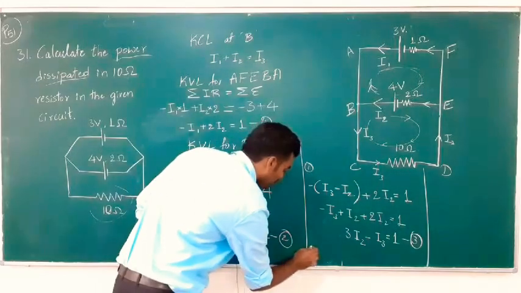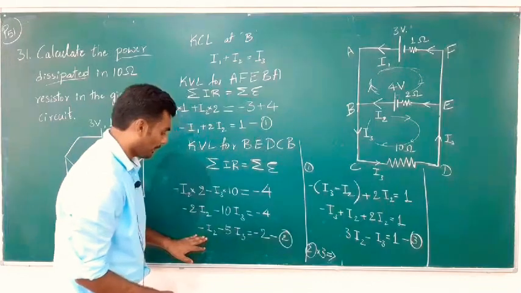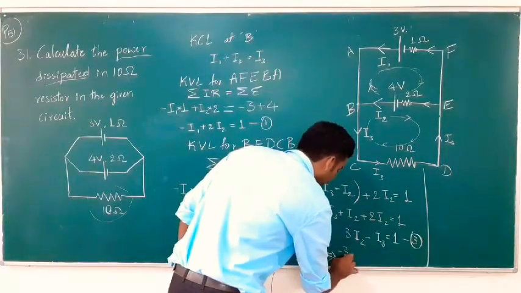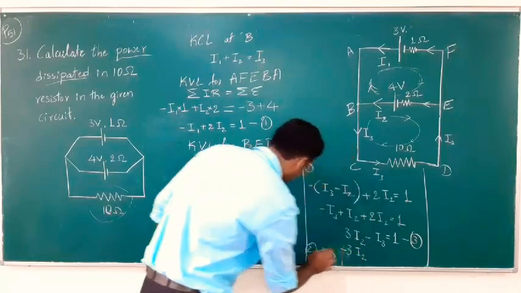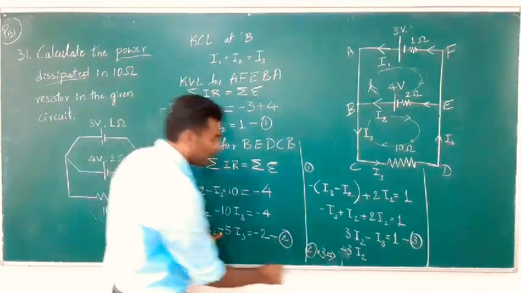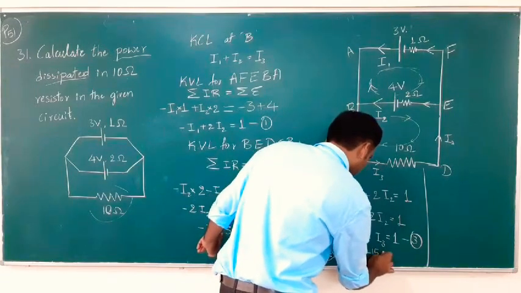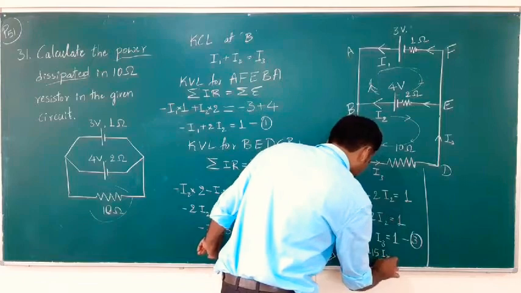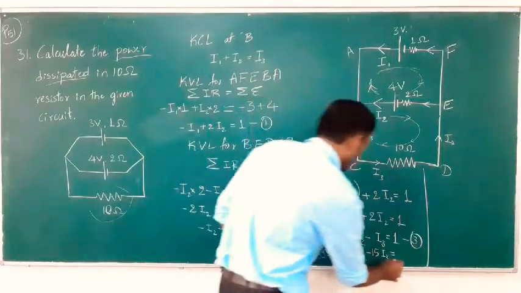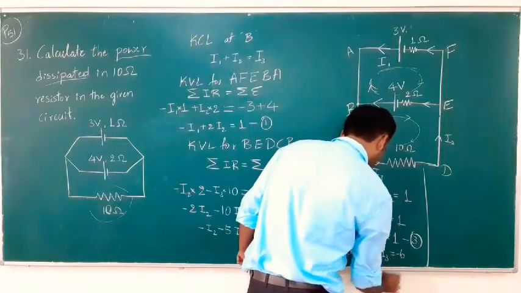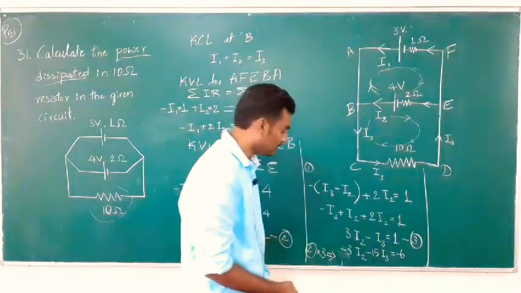Equation 2 multiplied by 3 will give me minus 3I2 minus 15I3 is equal to minus 6.